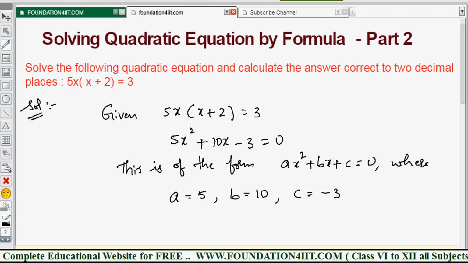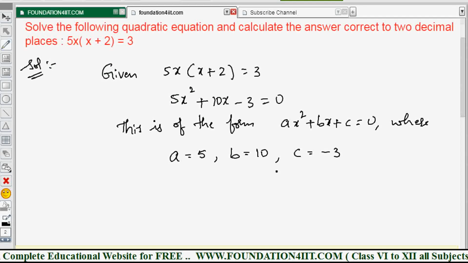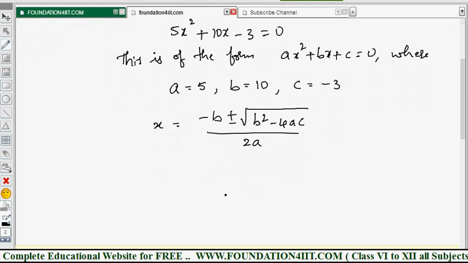Write the signs clearly, whether positive or negative. Now these values we will substitute in the formula. By the quadratic formula, x is equal to minus b plus or minus under root b square minus 4ac, all divided by 2a.